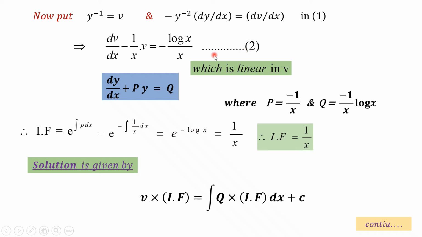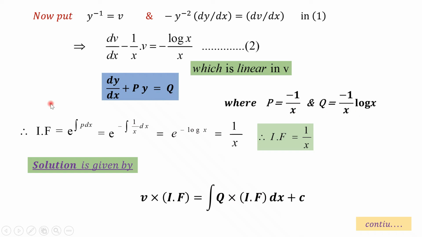Again check and compare it with the standard form of linear differential equation. The value of q is a function of x only, and the coefficient of dv by dx is 1. Yes, now this equation 2 becomes a linear differential equation in v, where the value of p is minus 1 by x and the value of q is minus 1 by x log x, both functions of x only.